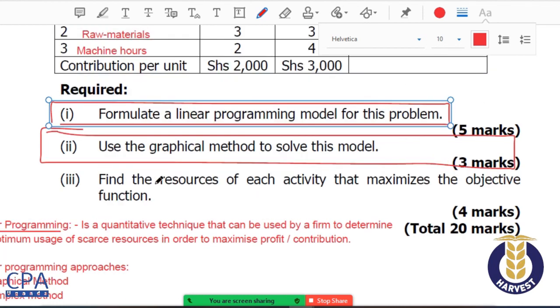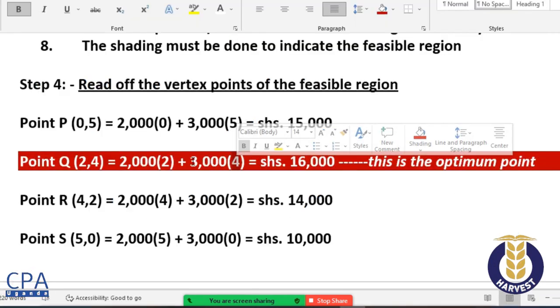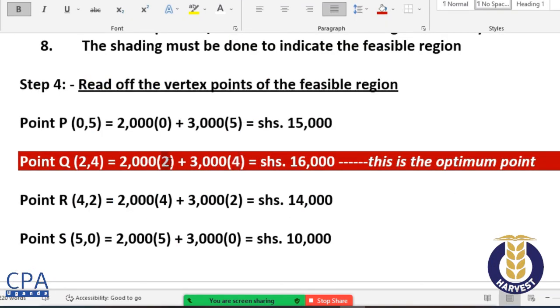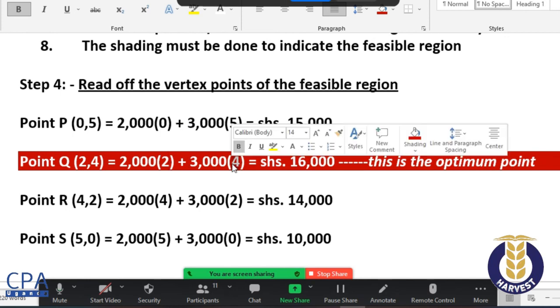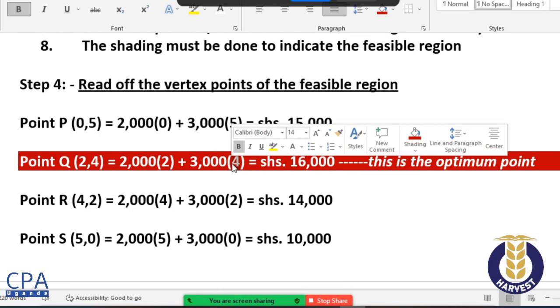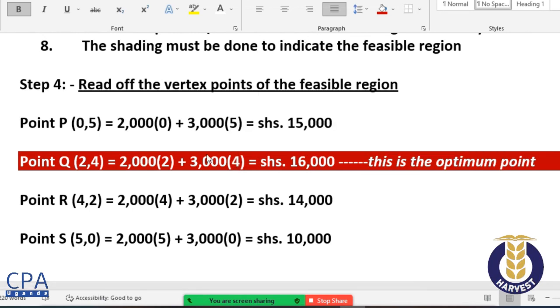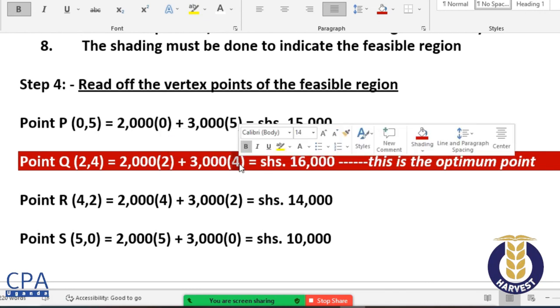Then Roman 3, to find the resources of each activity that maximize the objective: 2 of activity 1 and 4 of activity 2. Those are the ones that are going to maximize. If we are talking about products, then we can produce 2 units of product A and 4 units of product B to maximize profit.